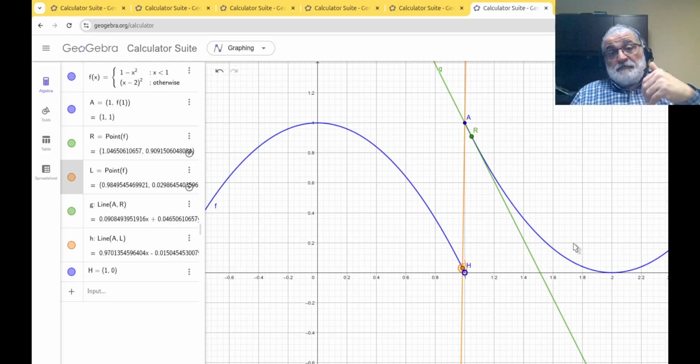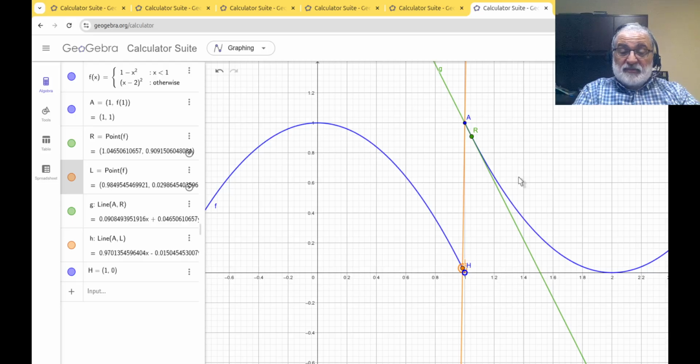From the other side, we're approaching a vertical line with an undefined slope. Therefore, the limit from this side is not the same as the limit from that side, and the derivative does not exist. Not the function, the derivative. The derivative does not exist because the limit does not exist.